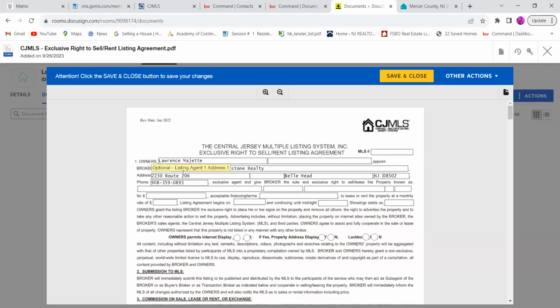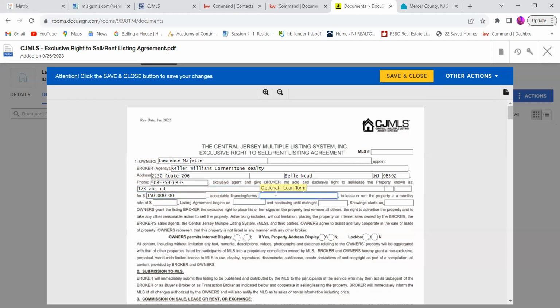So then down here, you're going to put the listing agent's information, everything about that. You're going to put the property address. So let's say it's 123 ABC Road, in Princeton. And then you'll put all your area code, state stuff, all that stuff. And we're going to sell the house for, let's say, 350,000.